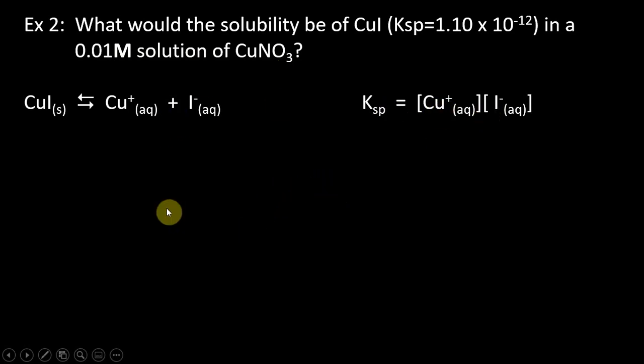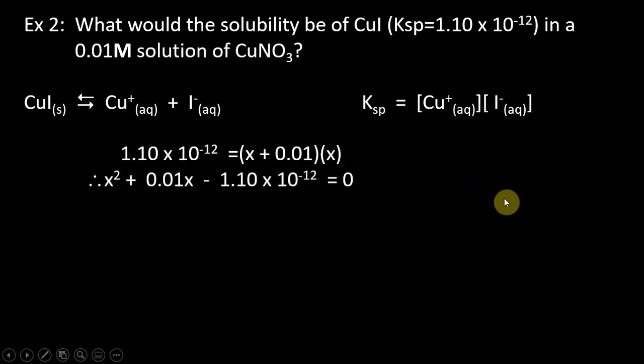Our Ksp value then would be 1.1 times 10 to the minus 12. Concentration of the copper would be X plus the 0.01 molar, because we've got some copper coming from this. And the iodide ion concentration is just X.